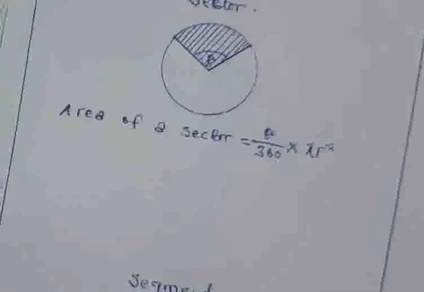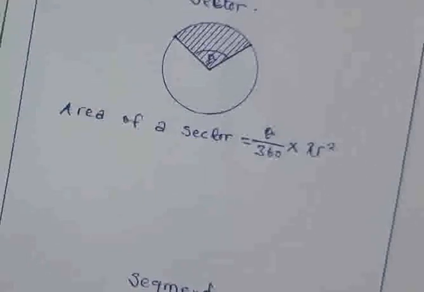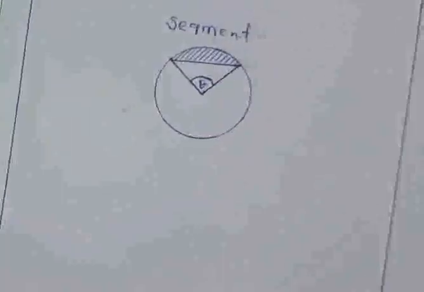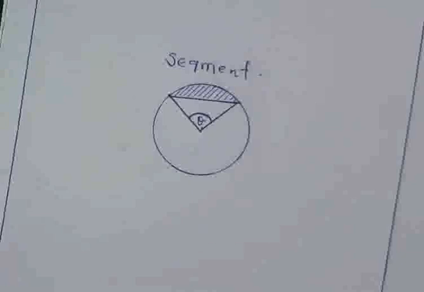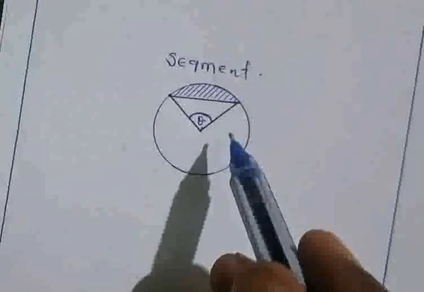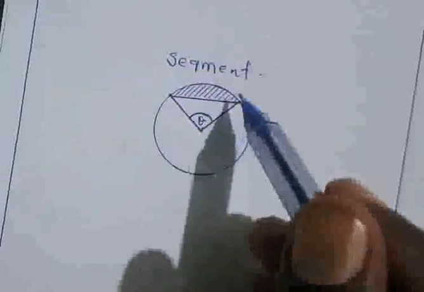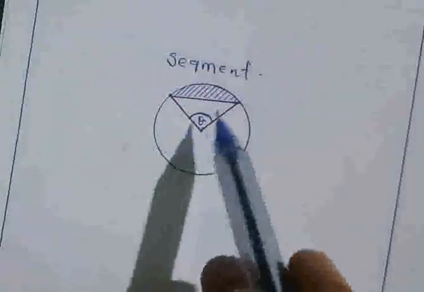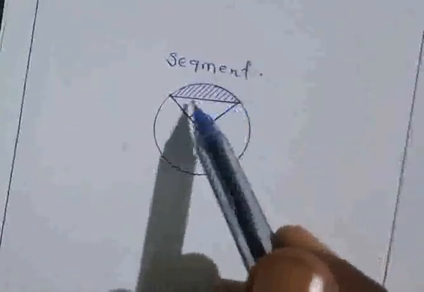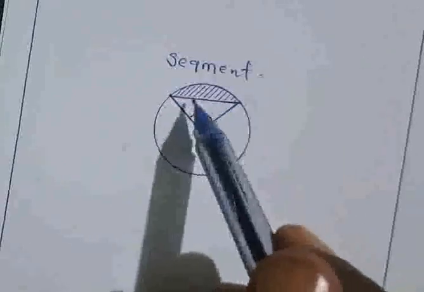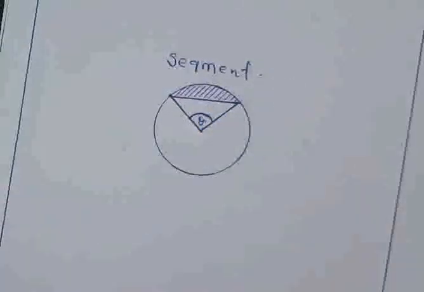All right, we move on. Let us look at the segment. The segment is where those two radii meet the circumference of the circle. We're going to make a straight line so that we can form a triangle.